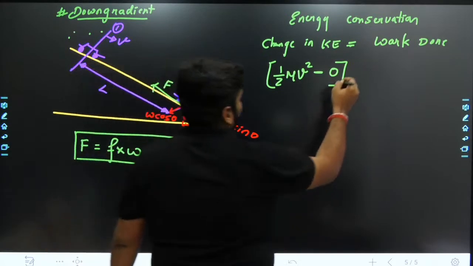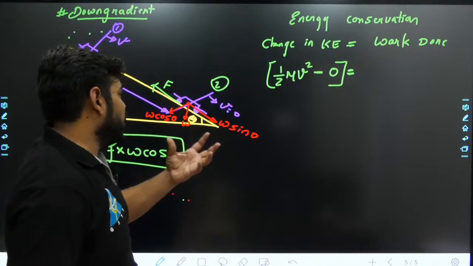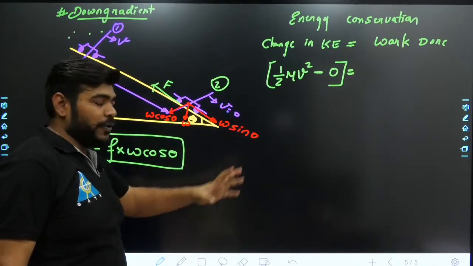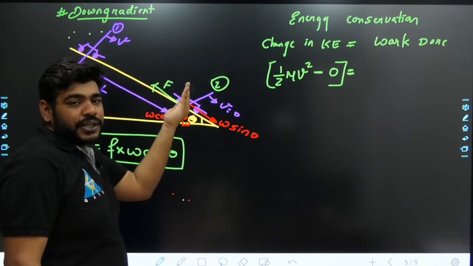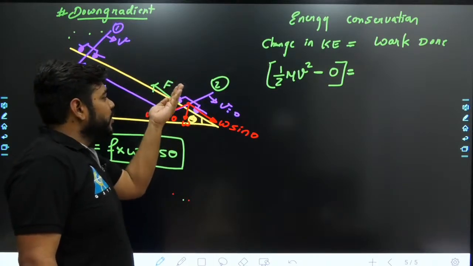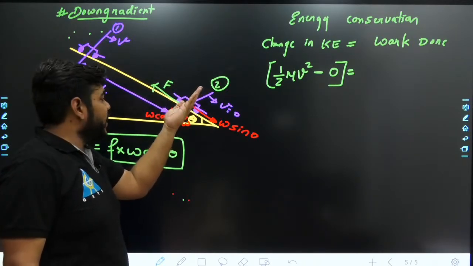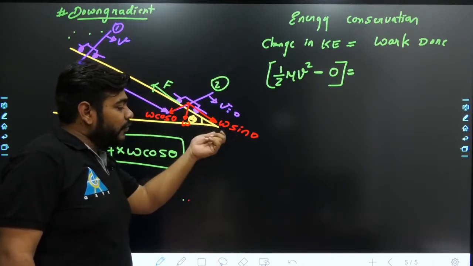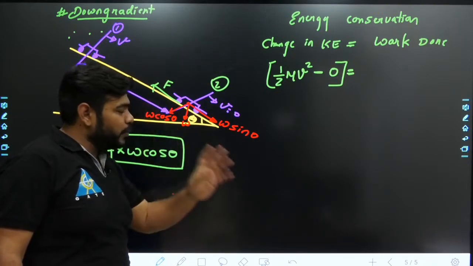Now the work done is the total force that is trying to stop your vehicle. Your frictional force is acting opposite to the direction of motion, opposing your vehicle from moving further. But W sin theta is trying to push your vehicle ahead.